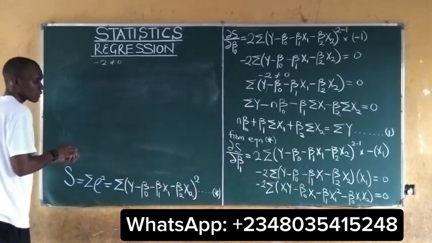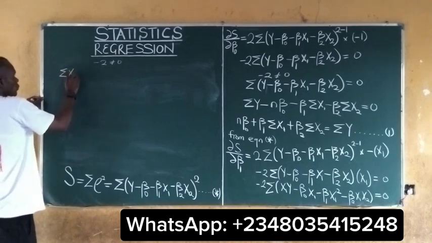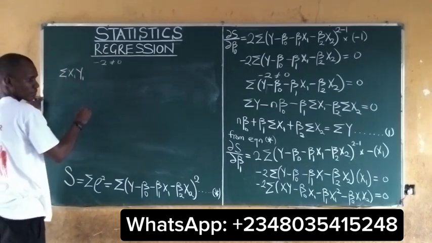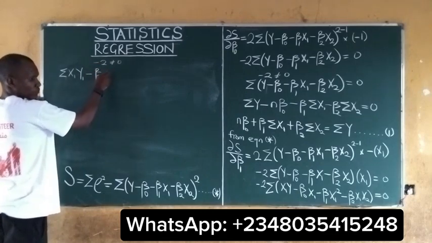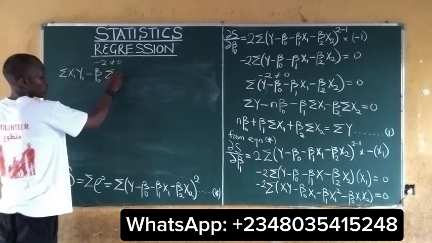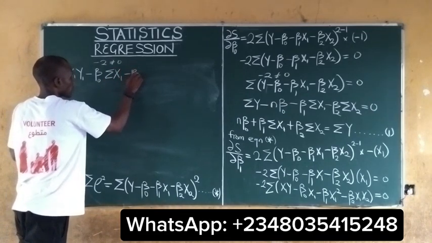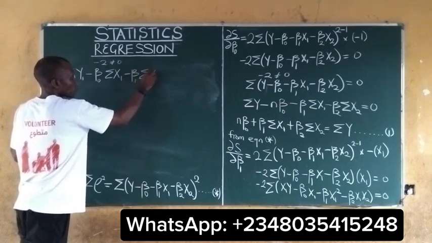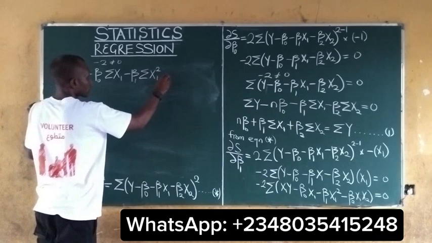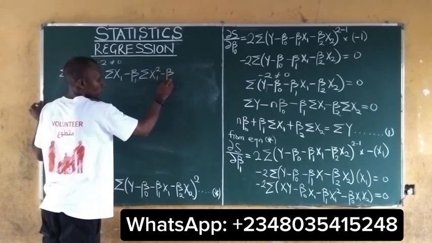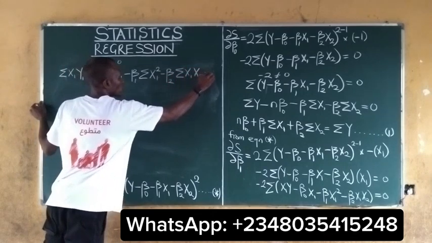The next thing to do is to sum the whole of this. If we sum that, we'll get the summation of X1 Y minus B0 summation of X1 minus B1 summation of X1 squared minus B2 summation of X1 X2 equal to 0.